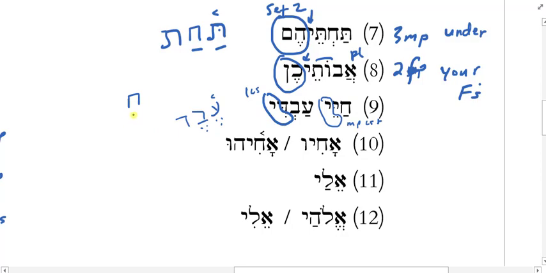Can you reconstruct what the absolute is? Yeah, Chayim. Okay? Chayim. This is life. This is masculine plural, but we're going to translate it singular. Okay? It's life. So, how am I going to translate Chaye Avdi? Yeah, it's the life of my servant.